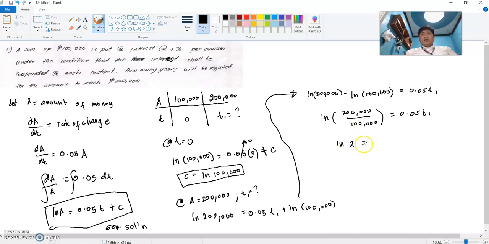So that is ln 2 equals 0.05 t sub 1. Now we have t sub 1 equal to ln of 2 divided by 0.05.